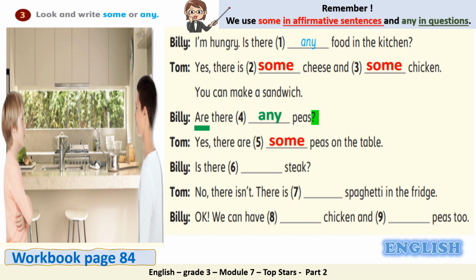Very good. Number 6. It's a question. Is there any steak? No, there isn't. There is some spaghetti in the fridge. Okay, we can have some chicken and some peas too. Well done.